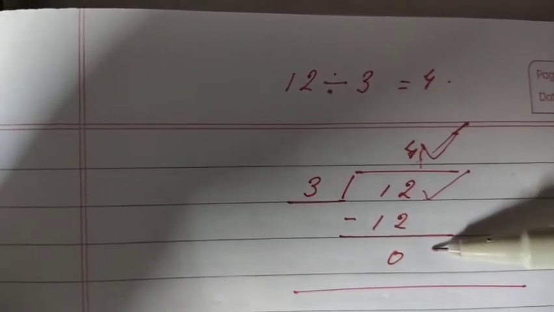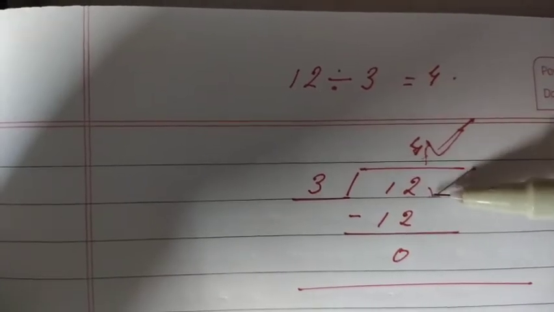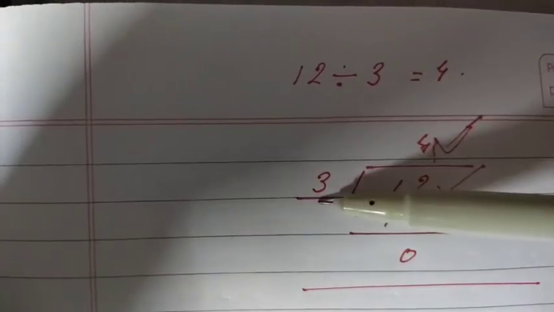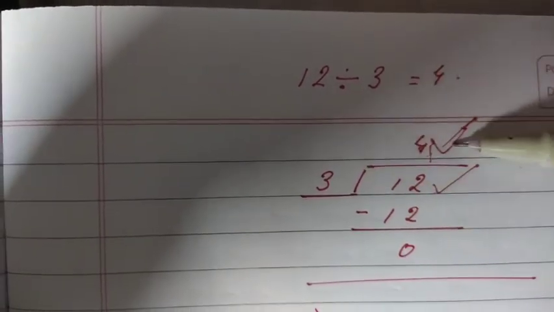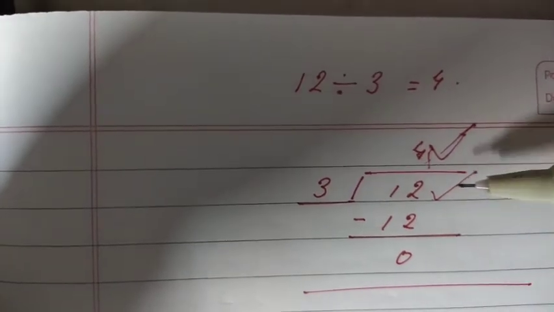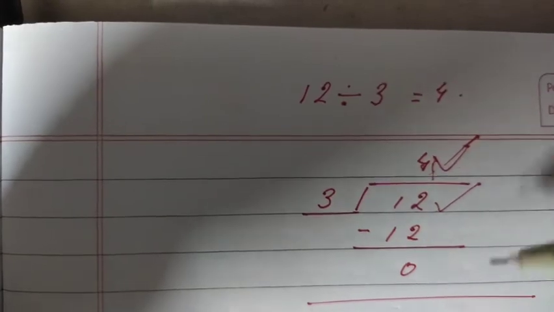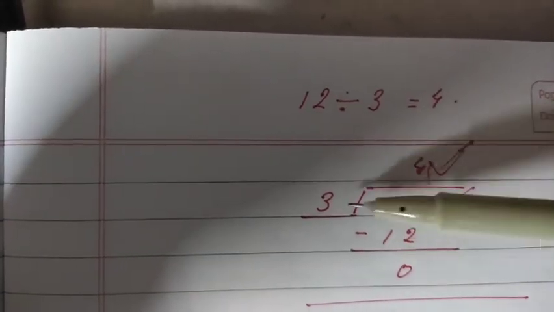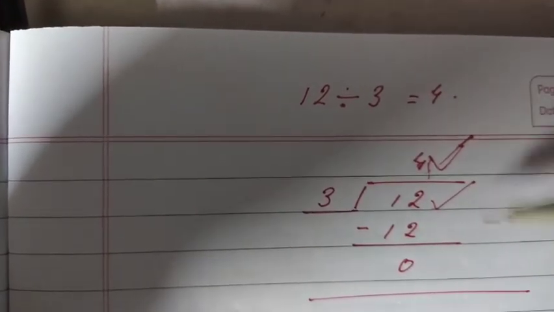Dividend equal, that means 12 equal divisor into quotient plus remainder. 3 into 4, 3 4s are 12, 12 plus 0 is 12. See, 12 is your dividend. Divisor into quotient plus remainder will give you the dividend.